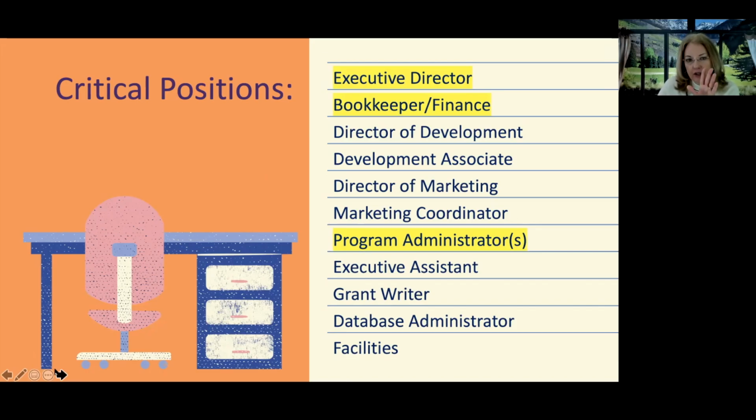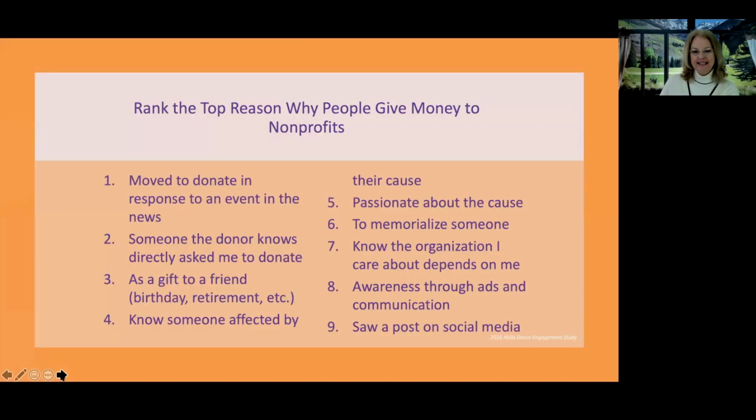But your organization runs on its programs, so you need a program administrator. And then the bookkeeper and finance, I don't care if you have a bookkeeping or a finance degree, just to keep you on track. That's really important.